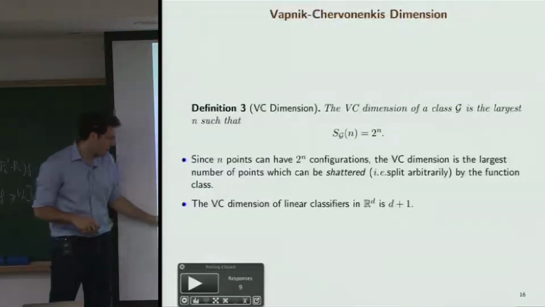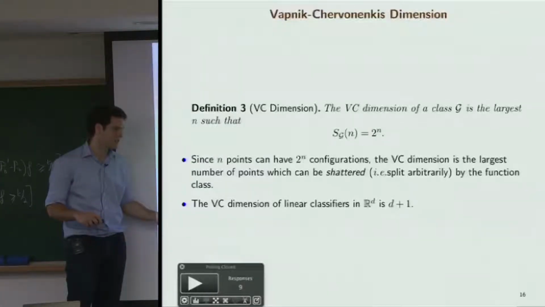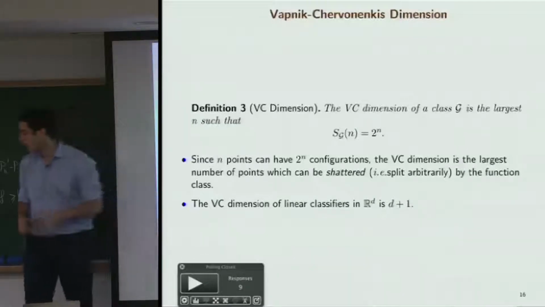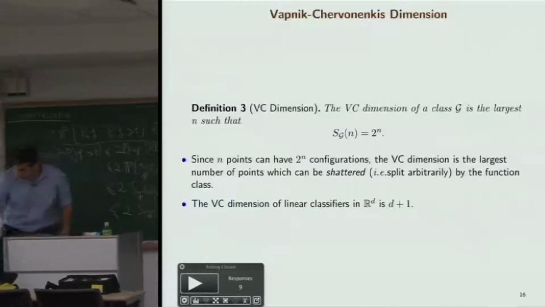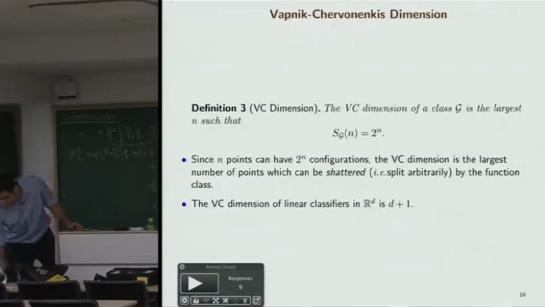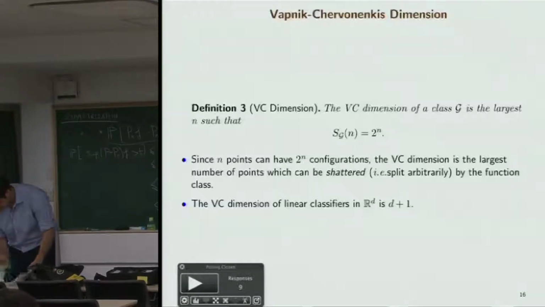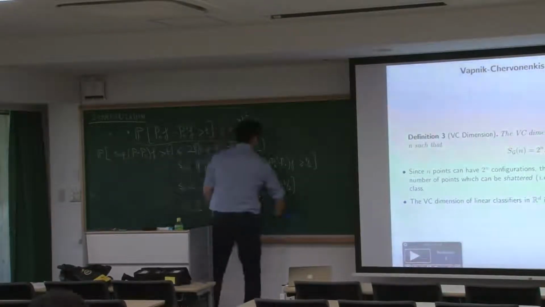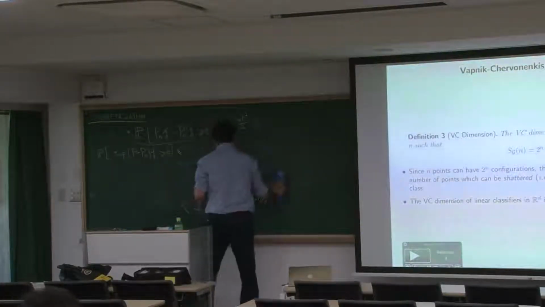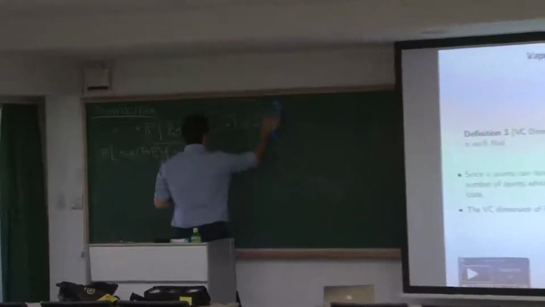And here I'm writing that the VC dimension of linear classifiers in R^d is exactly d plus 1. So let me just illustrate this. I will just proceed by examples.